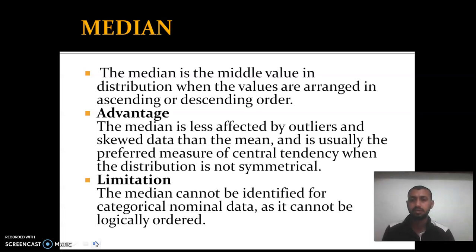So what are the outliers? We can assume that two students' marks vary from that range of 60 to 70, because maybe those marks can be more than 90, and those marks can also be less than 40 or 30. So those numbers which are completely far away from the data are known as outliers.